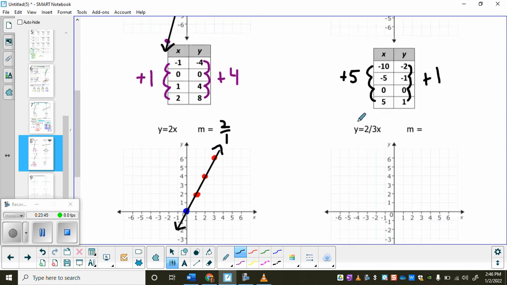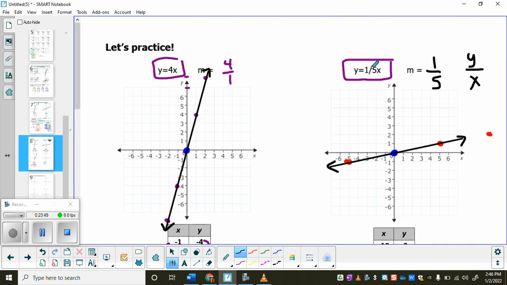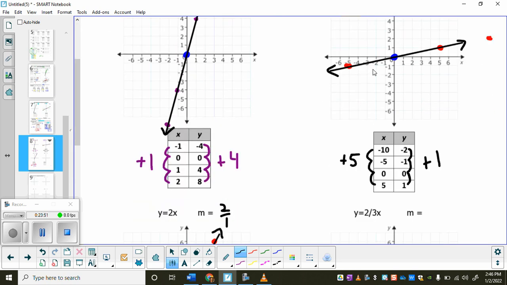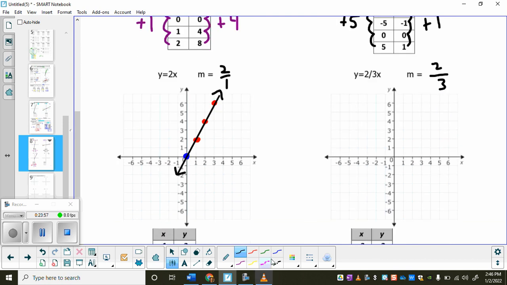And now we haven't seen one like this where it's a 2/3. We've seen a 1/2 and a 1/5 and stuff like that. If it's a 2/3, cool. You're going to go up 2 and then over 3, up 2 over 3. So the rate of change this time from the origin, we're going to go up 2 and then over 3, up 2 and then over 3.